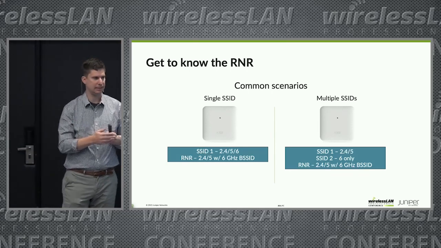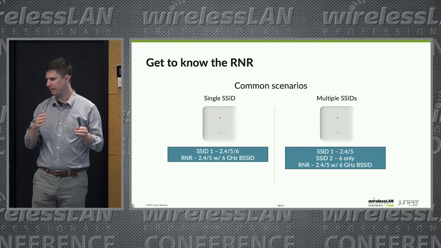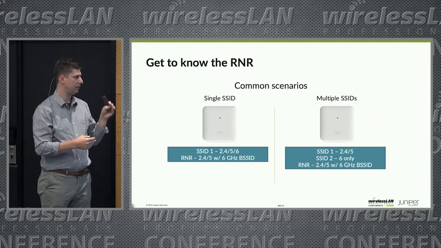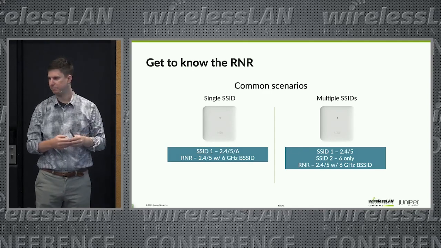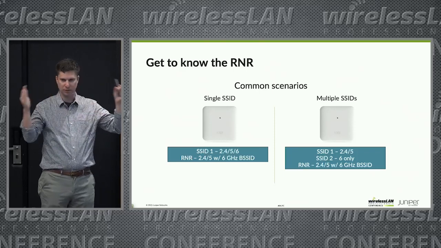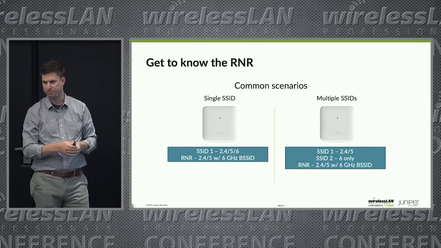In that case, it's exactly the same. On the 2.4/5 SSID, I put in the RNR element the 6 gigahertz BSSID. No different, right? It's 2 SSIDs, but conceptually, I'm advertising the 6 gig capability on 2.4/5.